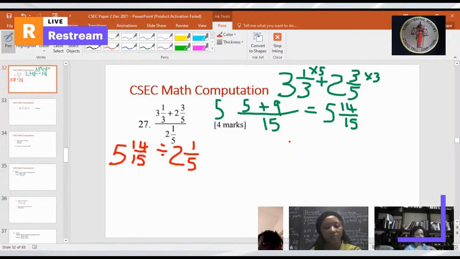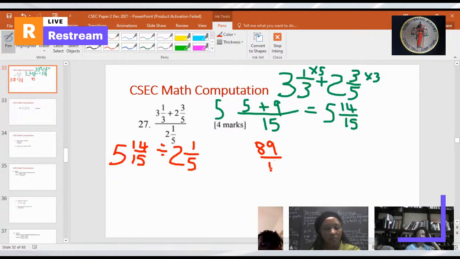Okay, Miss. So we're going to change 5 and 14 over 15 to an improper fraction, so that 15 times 5 is 75 plus 14 would give you 89 over 15.